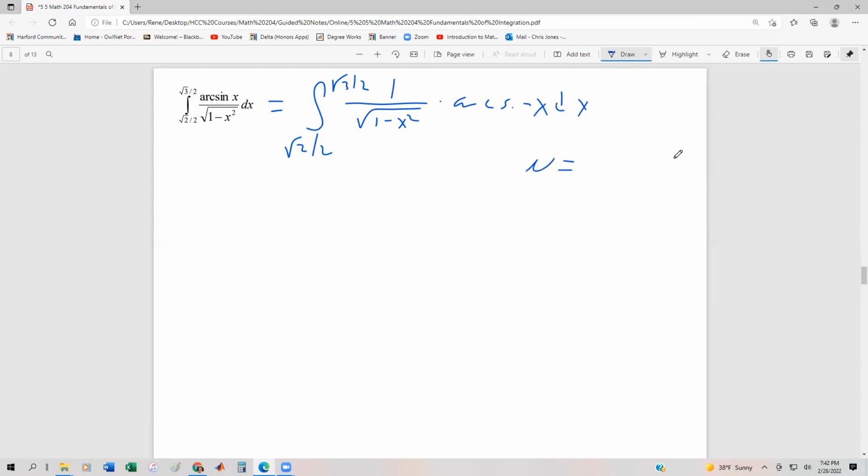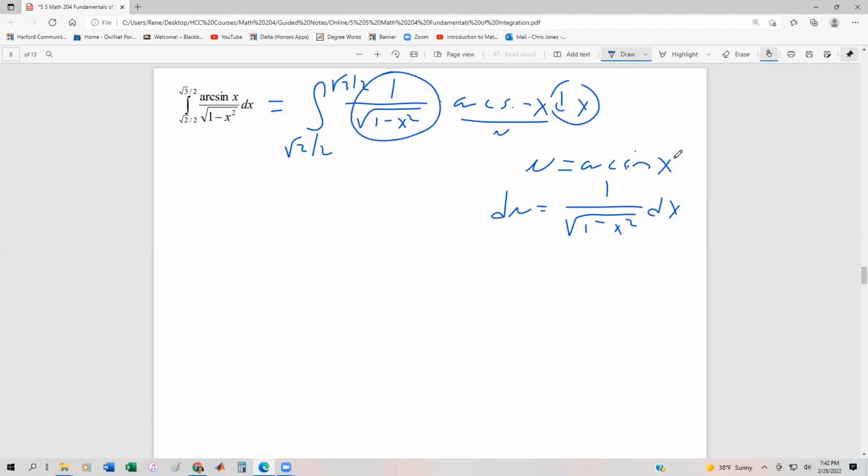If we let u be equal to the arcsine of x, the derivative is 1 over the square root of 1 minus x squared dx, which is precisely what we need to be able to substitute back in for dx. So this is our u, and these two are going to be our du. Using the dummy variables, a to b, u is going to be arcsine of x, and du is going to be 1 over the square root of 1 minus x squared dx.